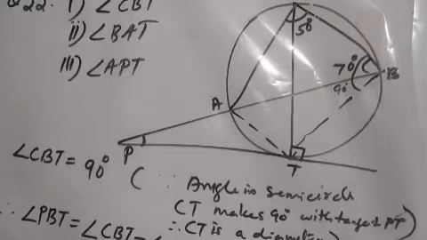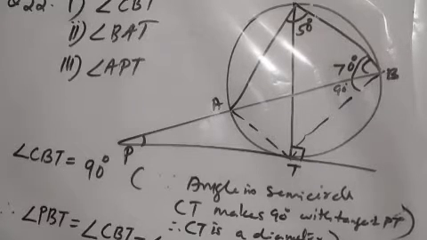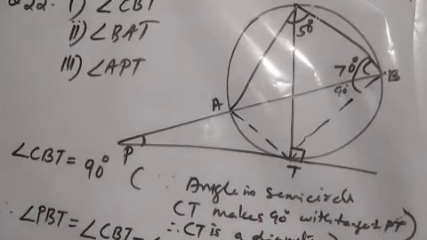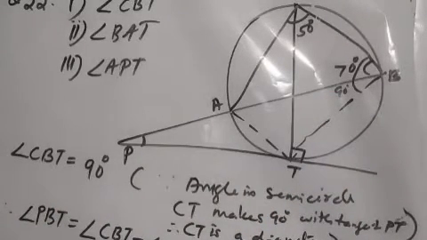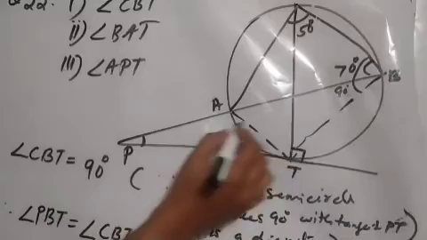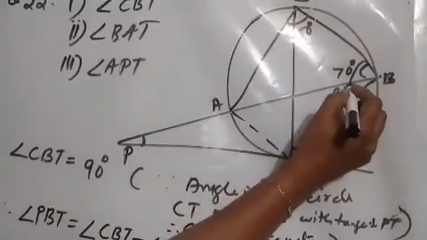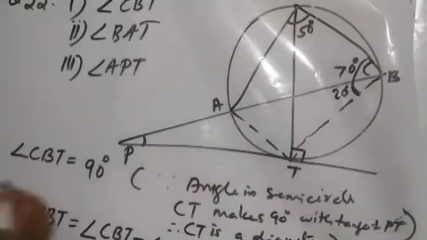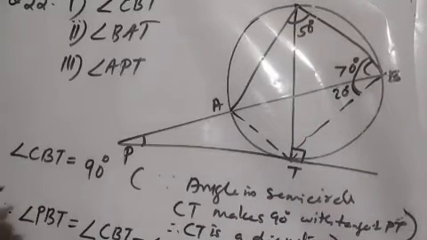That is 90 minus 70, 20 degree here. So this angle is 20 degree. Okay, look at this angle ABT. This is 20. 70 plus 20, total 90 degree.